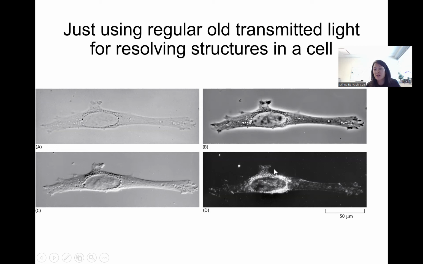So these are actually 4 different kinds of just transmitted light microscopy, either by changing the pattern of the light or by different detection patterns. And we can see actually quite a bit, like the nucleus, and maybe this bumpy stuff looks like it could be the ER.